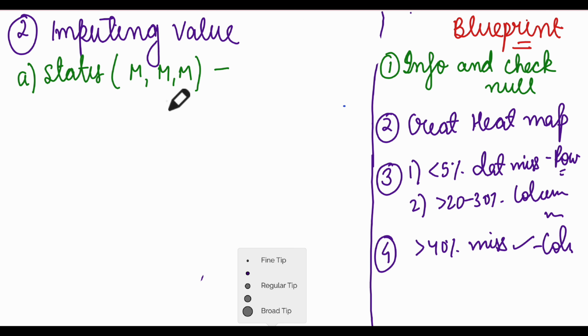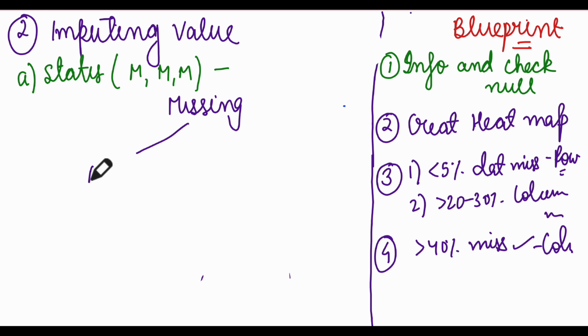So first of all, to impute values, you need to check whatever your missing columns are. You need to decide whether it is a numerical variable or a categorical variable. We will speak about each of these separately.